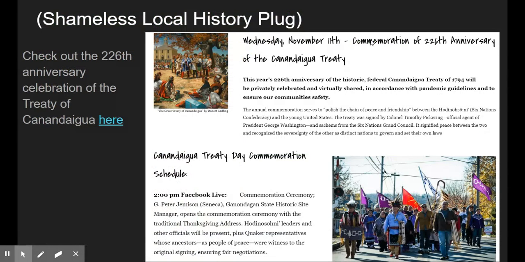Shameless local history plug. On Wednesday, November 11th, is always the commemoration to celebrate the anniversary of the Canandaigua Treaty. The large rock that you see on the grounds of the Ontario County Courthouse on Main Street commemorates the Canandaigua Treaty.